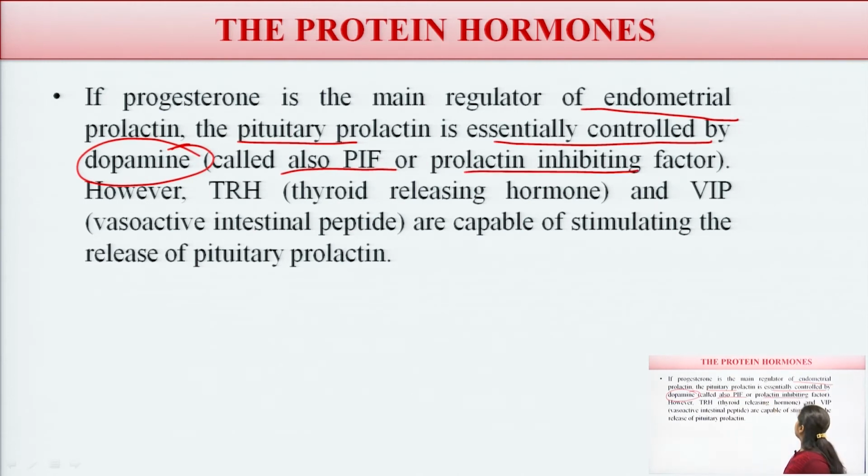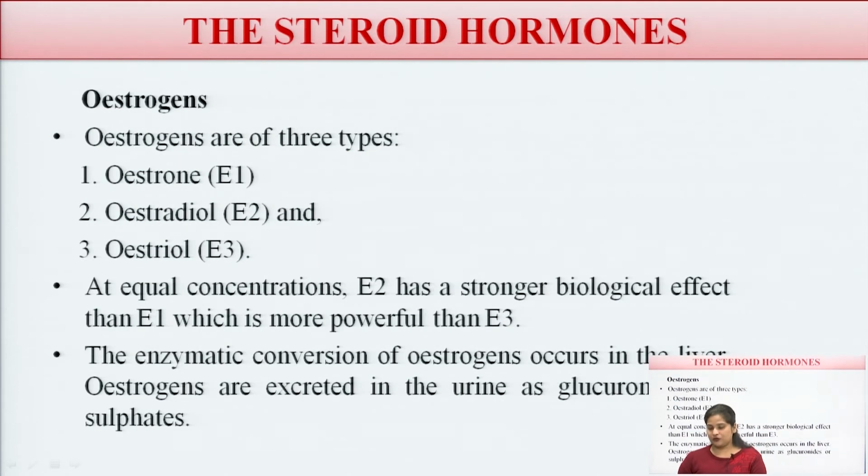It is the prolactin inhibiting factor. However, thyroid releasing hormone and vasoactive intestinal peptides are capable of stimulating the release of the pituitary prolactin. So these are the main functions of prolactin and the other hormones. Now, this is about the protein hormones. Now we study the steroid hormones.